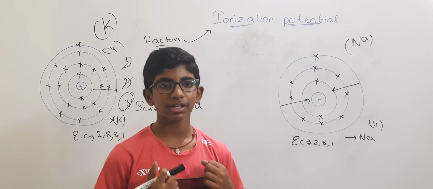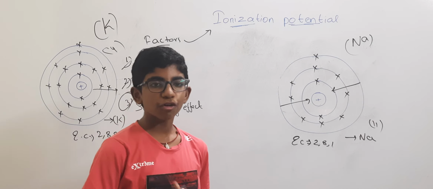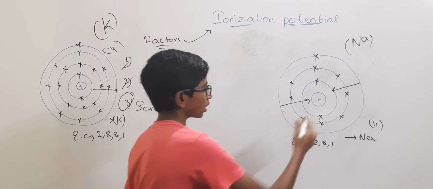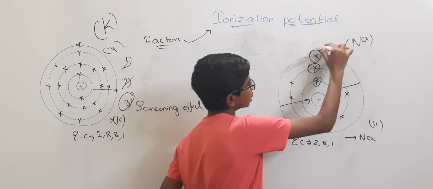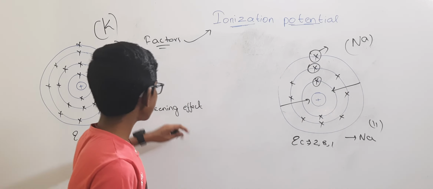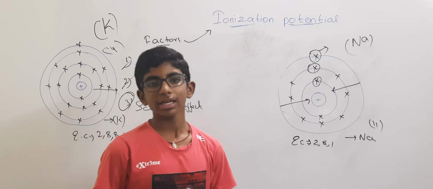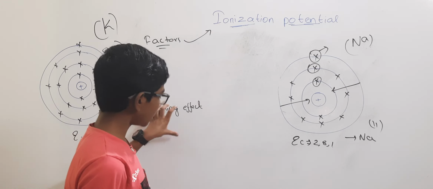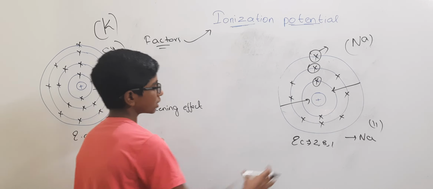Okay. Now we will discuss about screening effect. What is the screening effect? I already told in the last class. The repulsive force from the inner electrons of an atom towards the valence electron is known as the screening effect. Okay, it is very simple to derive the relation between the screening effect and the IP. First, you take sodium.